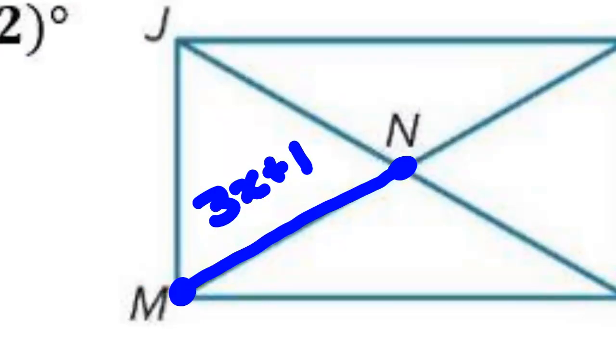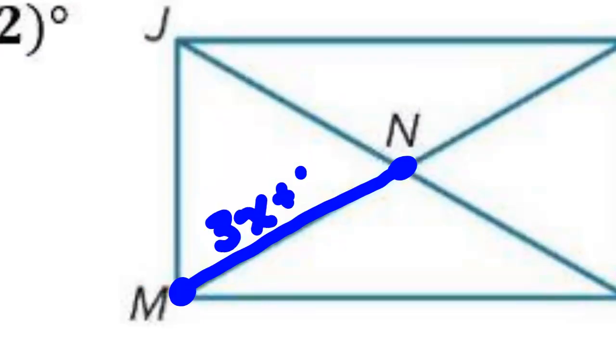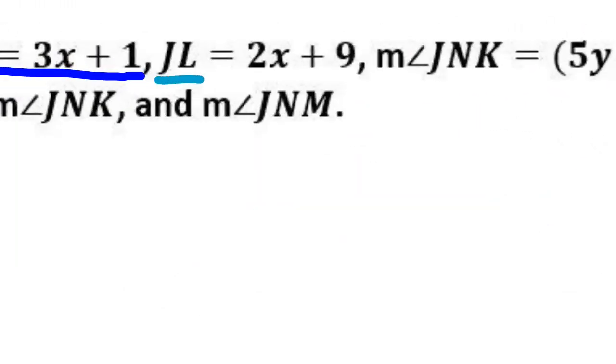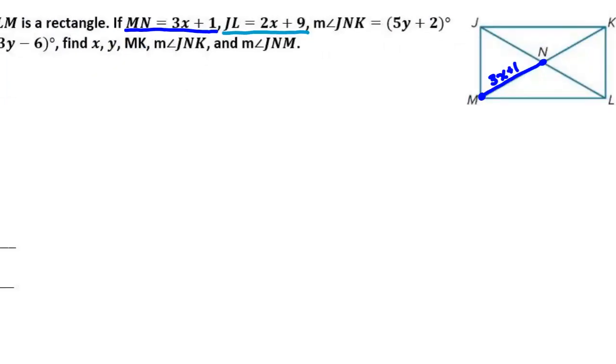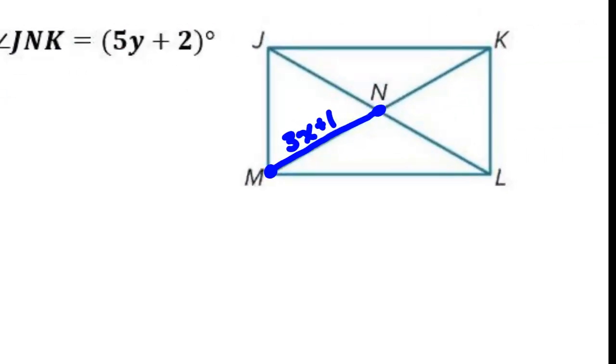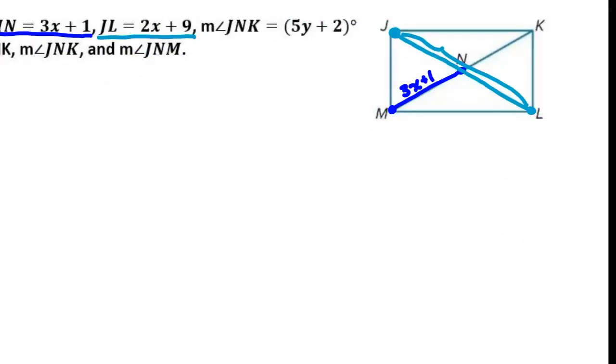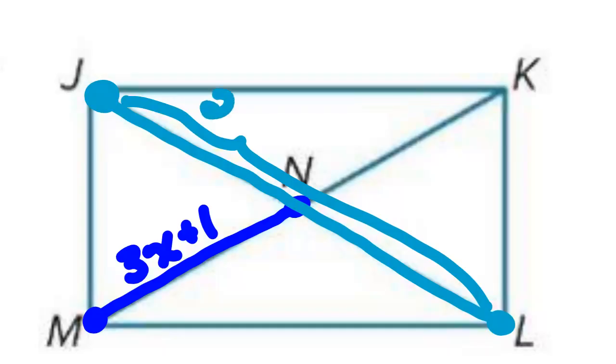And then we have that JL is 2x plus 9, from J all the way over here to L. There's 2x plus 9.